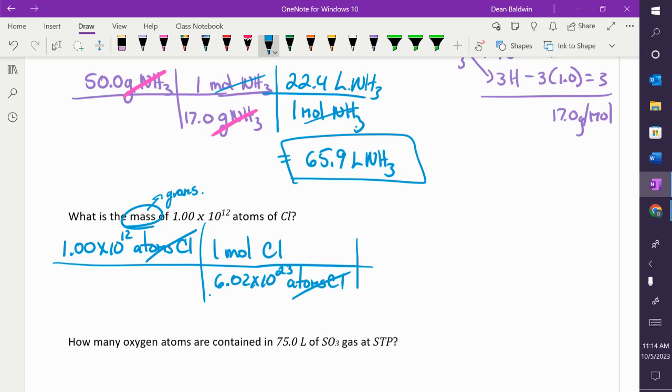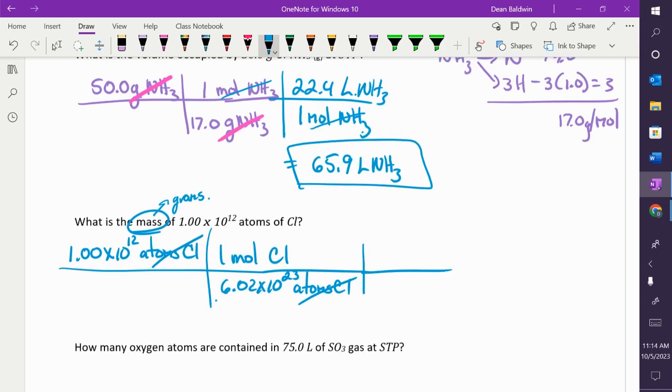I know this is super exciting, people. There we go. 35.0. So that means 1 mole. 35.5? Yes, that is correct. I was just checking. It's 35.5 grams of chlorine. So moles cancel, and then you're going to tell me the answer, please.